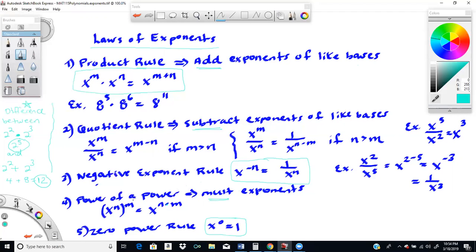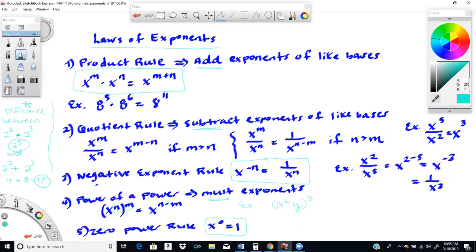Then you have the power of a power rule. And basically what that's saying, you multiply the exponents. The base stays the same. And so it will be x to the n times m. Okay. All right. And so an example there, if you have x squared y, all raised to the third.